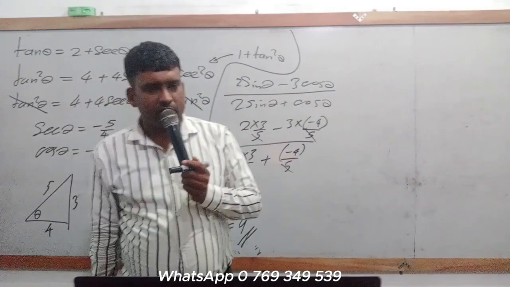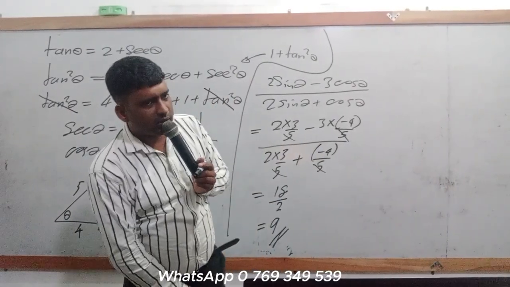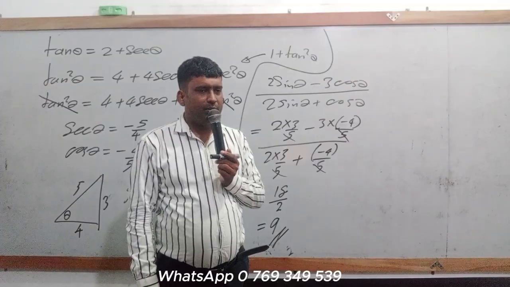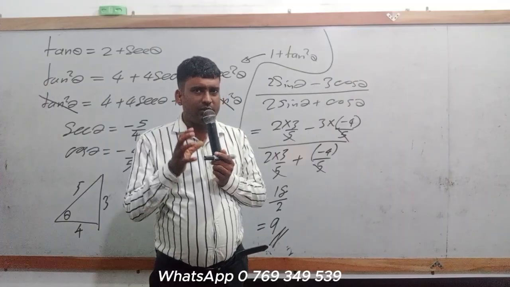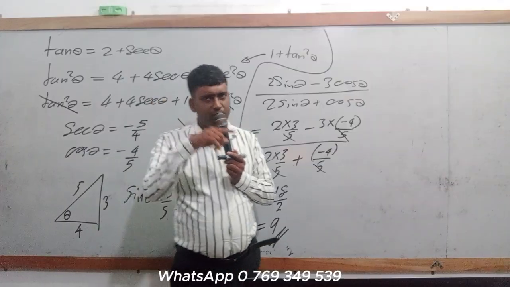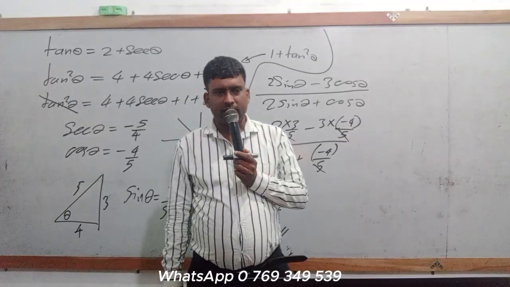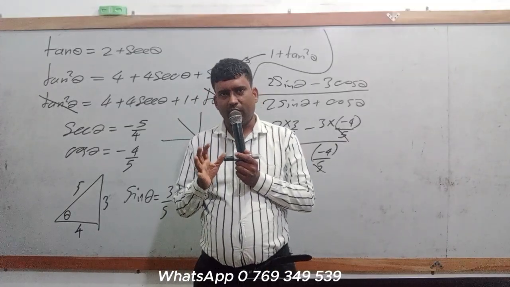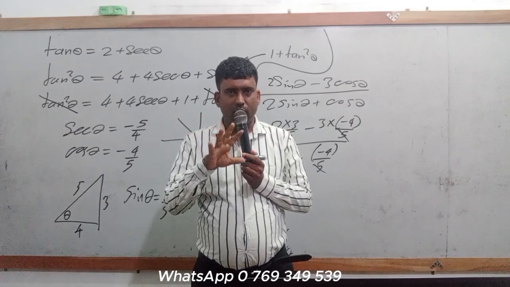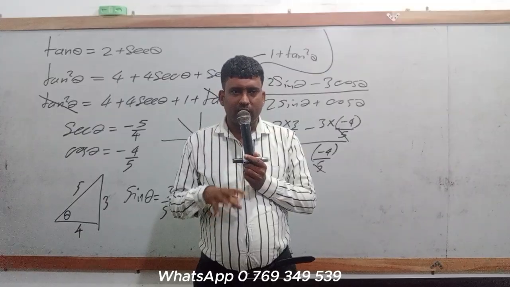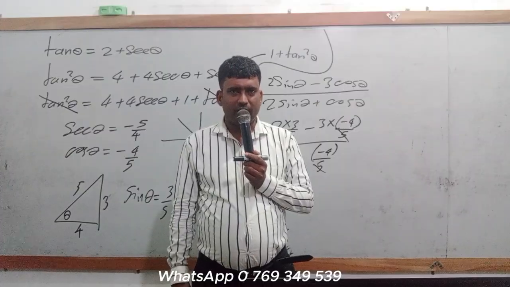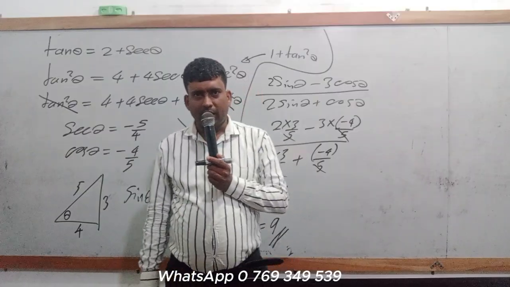Next one, 2. Write down sine A plus B in terms of sine A, cos A, sine B, cos B. This question is very similar to an A level question, and our previous paper was also the same. It is not exactly equal, because this one does not include inverse trigonometric functions, which are not in your first term syllabus.